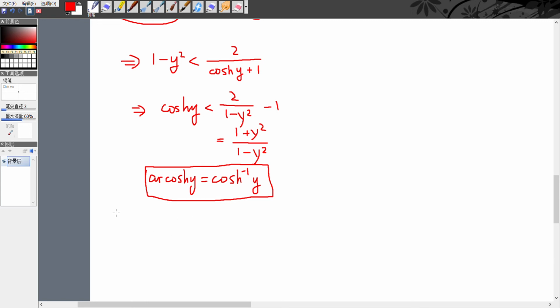So we can just directly take the inverse of both sides. We will have y is less than arccosh of 1 plus y squared divided by 1 minus y squared.